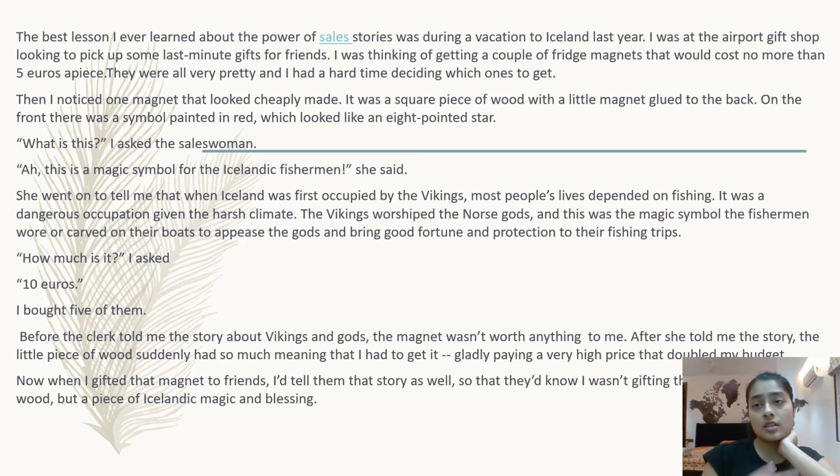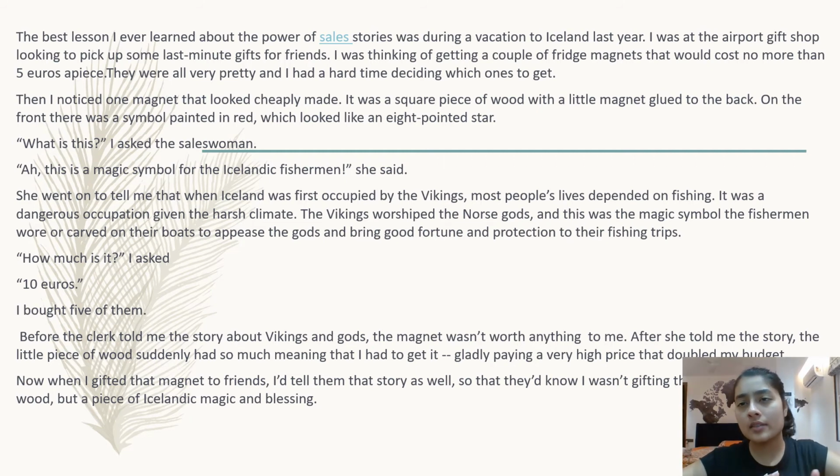She goes in, and there are a lot of things there, small things, cheap things. She looks at them, nothing interests her. And then there's this fridge magnet, and it looks very cheap. It doesn't look anything special. And there's a vague symbol on it that she doesn't understand.